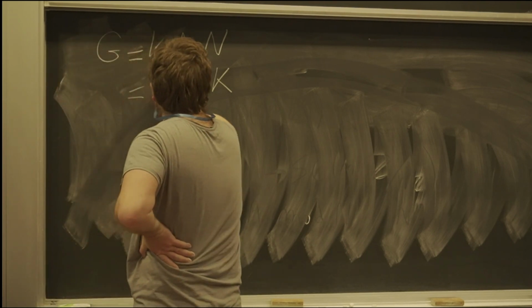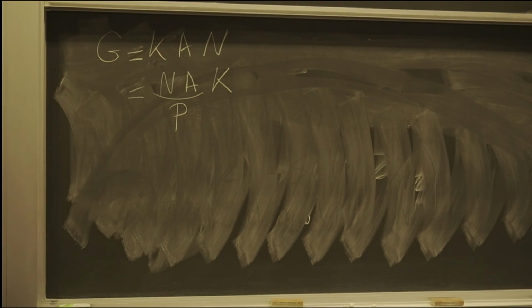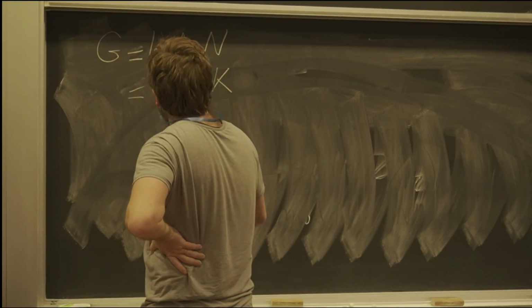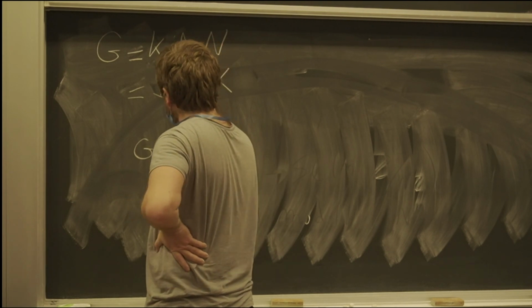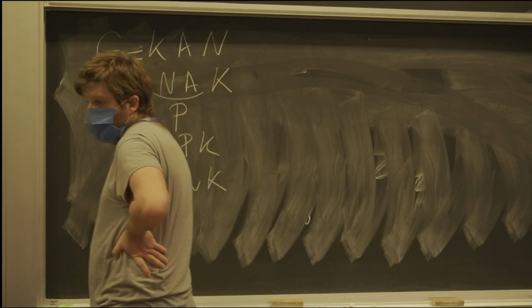And notice that n times a is still in P, even though elements in N do not commute with elements of A, but N normalizes A. So I can do it both ways, which means that G is P times K, which means that G quotient by P is K.